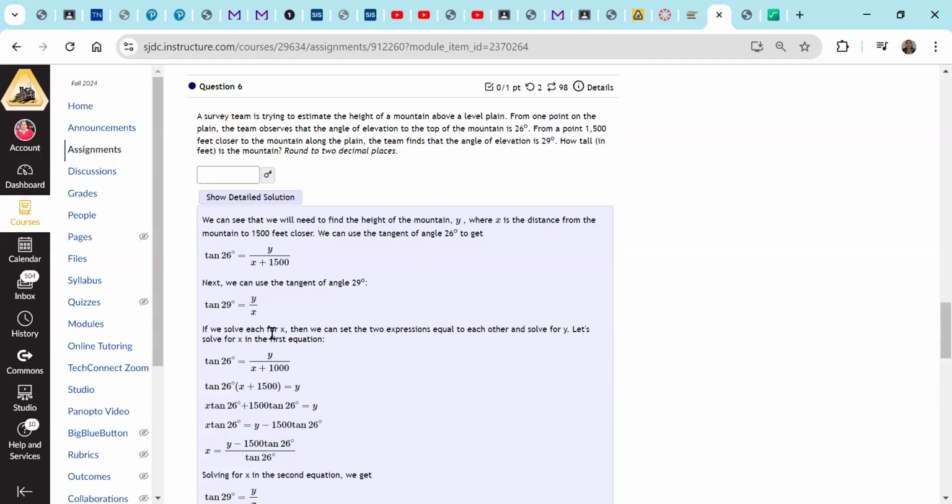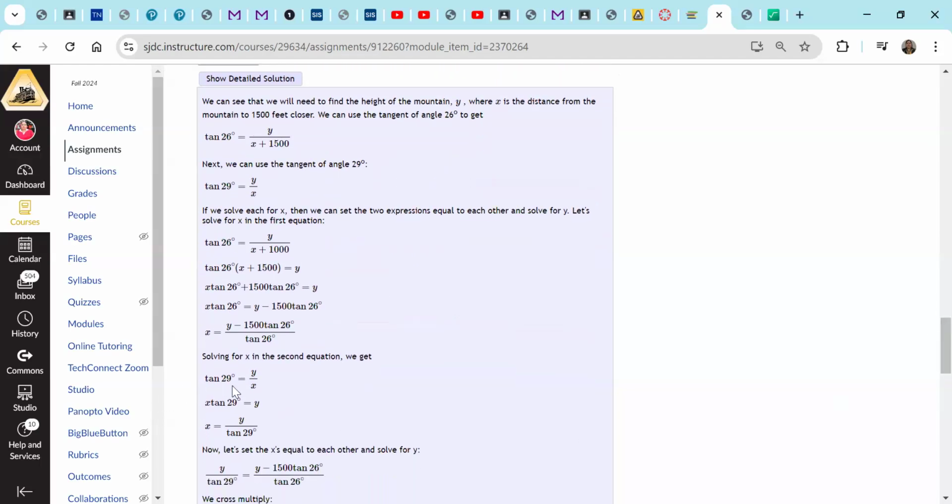If we solve each for x, then we can set the two expressions equal to each other and solve for y. So they took the first one, and then they cross multiply equal to y and simplify that for x, and then substitute that into the other one. This whole thing is there. Then simplify the second one for the x. This is the x value.